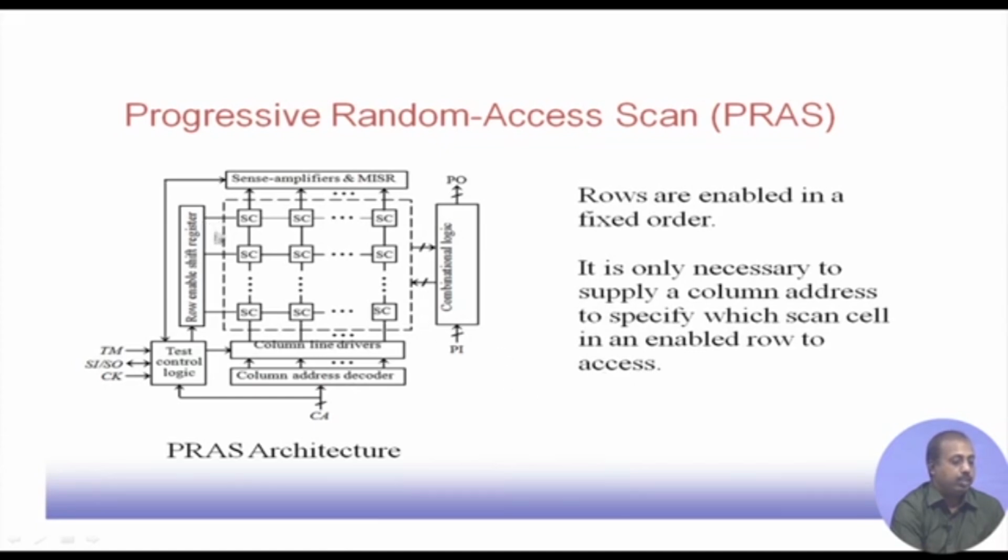This row access is in sequential fashion, and by the column address decoder we can select a particular column, like which value we want there. That value will come to the combinational logic and be applied. So, this combinational logic has got n inputs, and all these n inputs will be coming through this random access scan architecture.